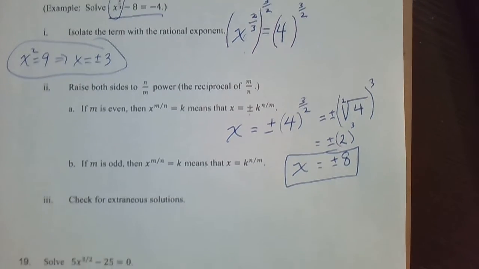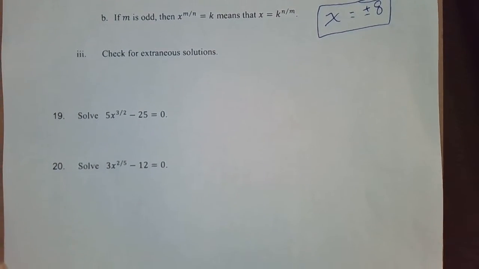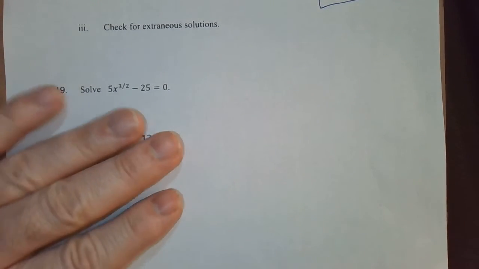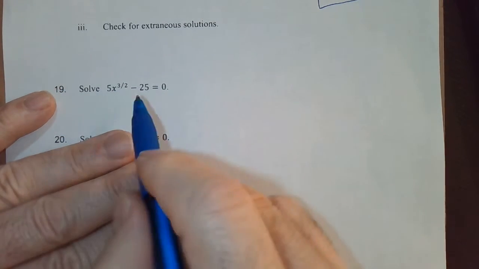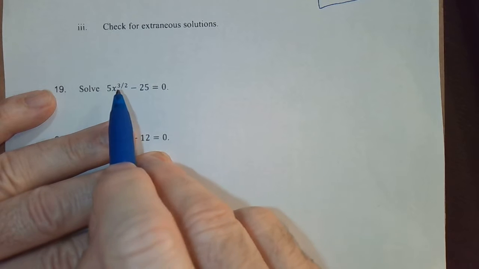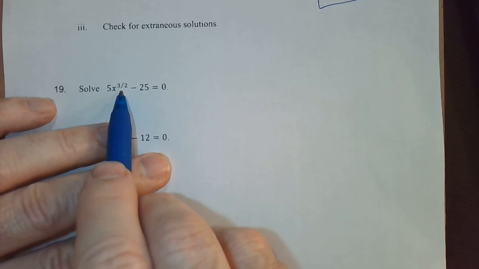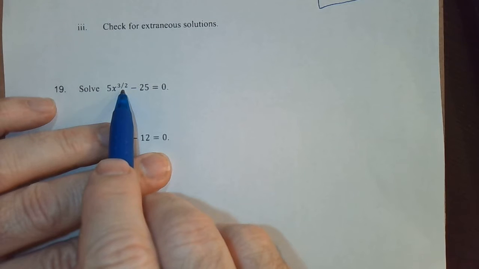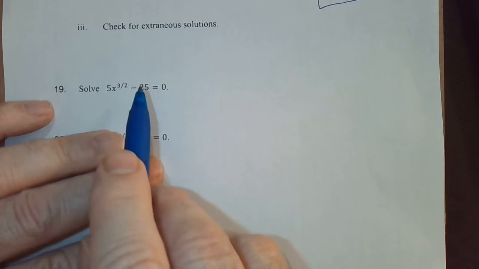All right, then we have two more examples. The first one, 5x to the 3 over 2 minus 25 equals 0. Am I going to have a plus or minus when I solve for x? No, I'm not, because the numerator is odd.